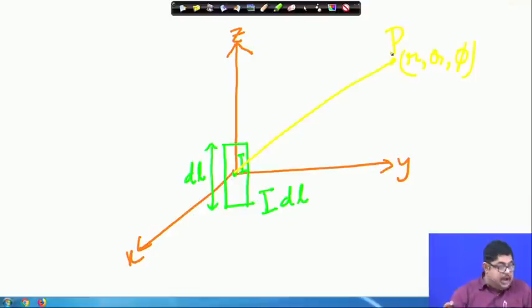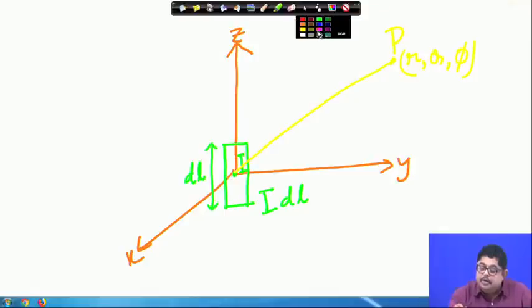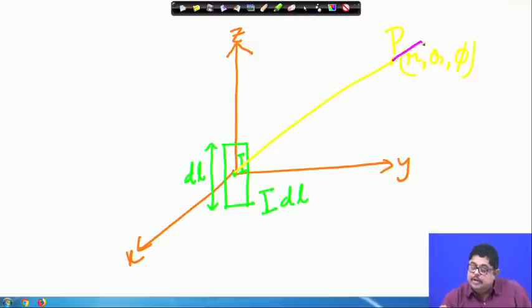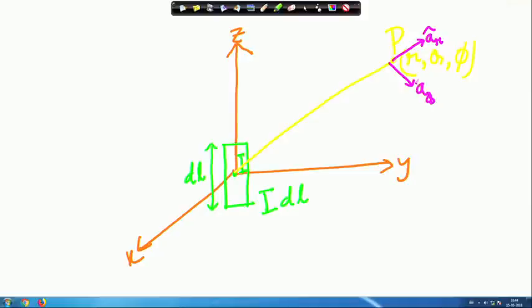At point P we are interested to know what is the electric field and what is the magnetic field. I again remind you that this is the direction of the radial vector at point P, the direction of the a theta vector will be like this, and the a phi vector is orthogonal, outside this plane. Okay, so let us consider this radiation.